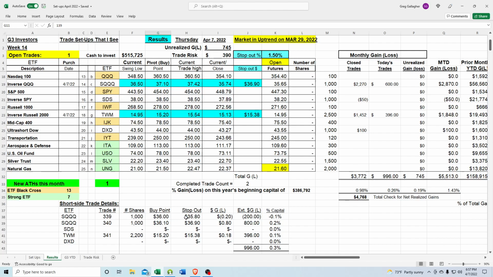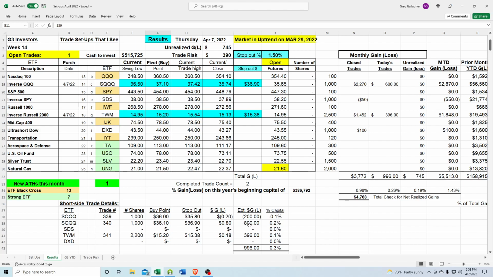Now, in the first hour of trading, I don't normally like to do it, but I got drawn in because you make money fast. When things are going short, they go to heck in a handbasket, quite frankly. We lost $200 on the first trade, and then it came right back, and we got in again at 36.10.